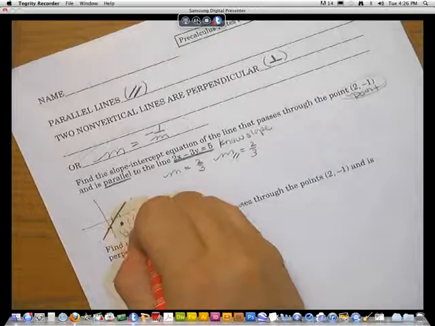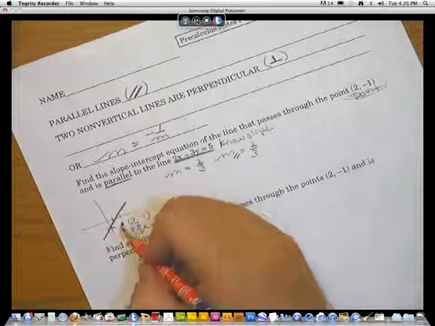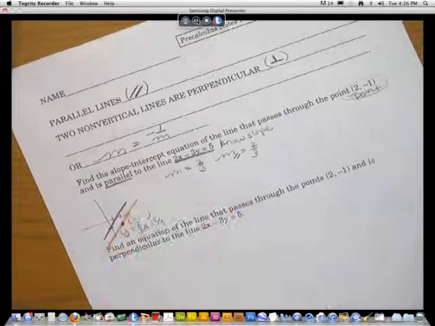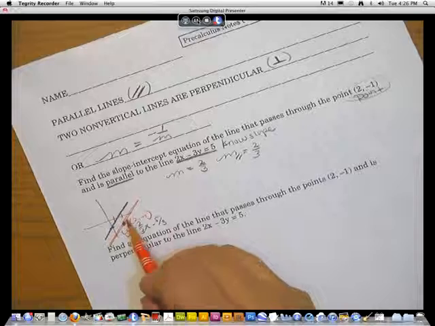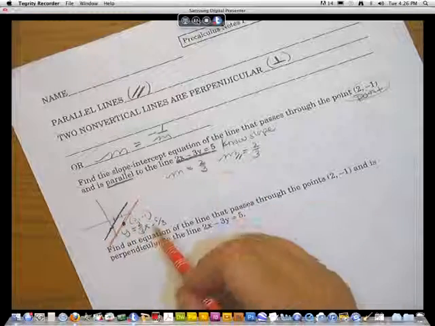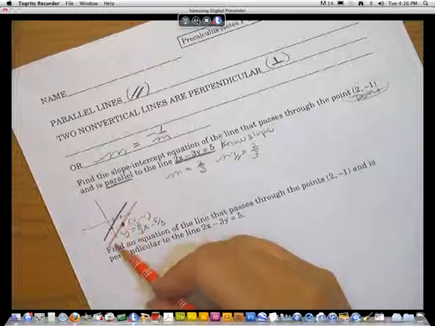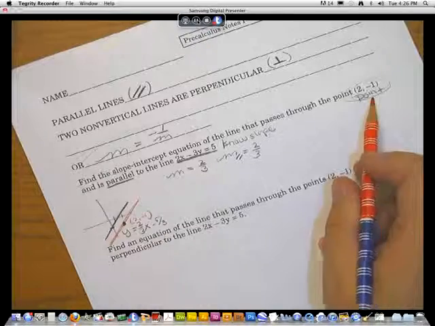So here's the point (2, -1), and we want the equation of the line that's parallel going through that point. If we know they're parallel, we know the slope, and we know a point on the line because it was given.